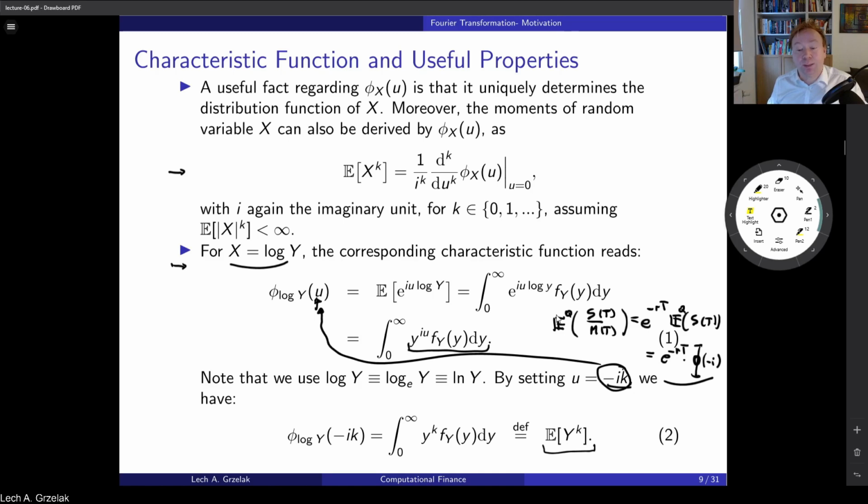Because it's a martingale, it has to be equal to S_t0 divided by M_t0. So this property has to hold. The characteristic function at minus i times e^(-rT) has to be equal to S_t0 over M_t0. M_t0 is 1, so this is just S_t0, the initial stock value.